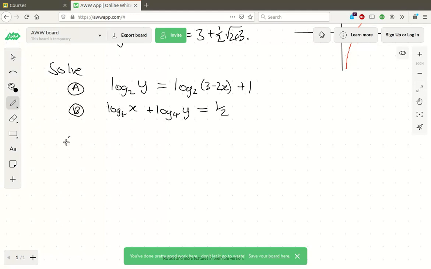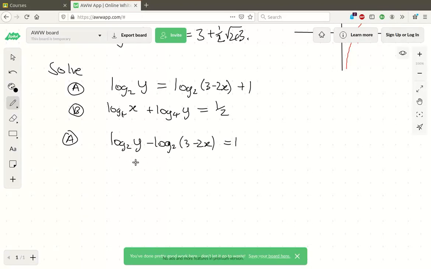Working with A, let's get rid of the logarithms because nobody understands logarithms, do they? Well, of course we do, but it's harder with them still lingering in there. So I'm going to pull this log over to that side and have this as log base 2 of y minus log base 2 of 3 minus 2x equals 1.